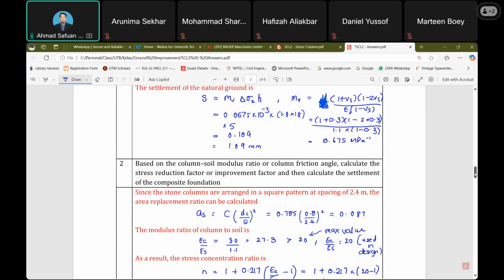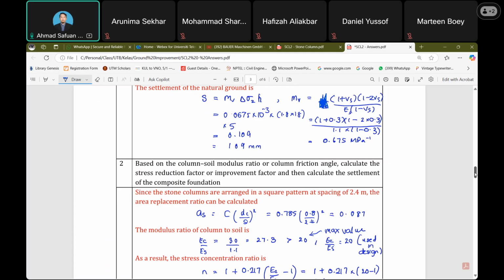Okay, now we start to calculate for the column. Based on the column soil modulus ratio or column friction angle, calculate the stress reduction factor or improvement ratio factor, and then calculate the settlement of the composite foundations.